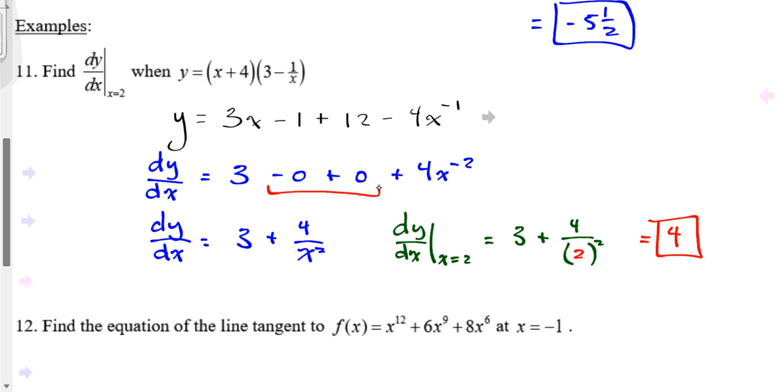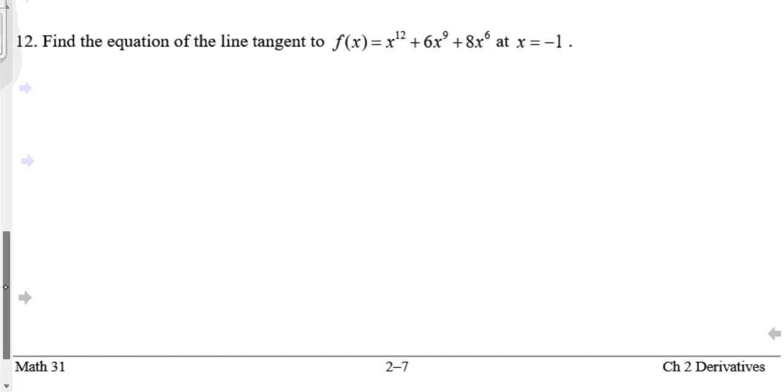Are we ready for number 12? So for number 12, we'll take the derivative.